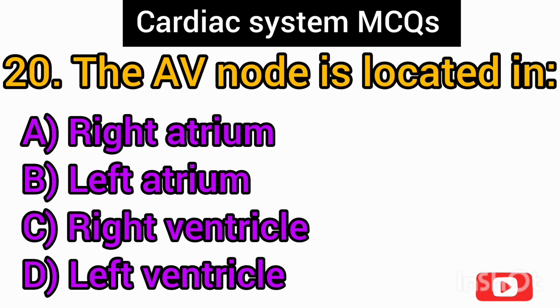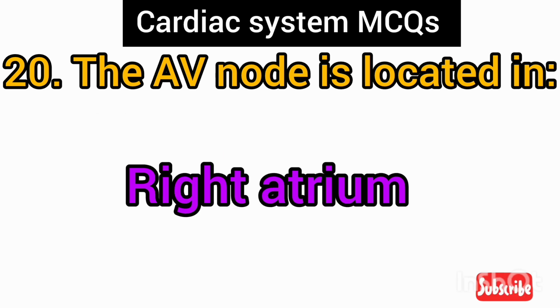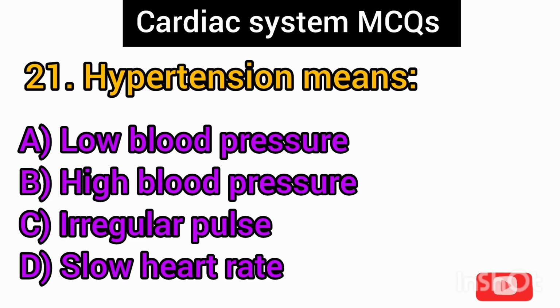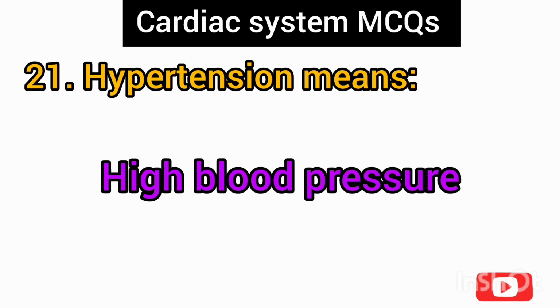The AV node is located in right atrium. Hypertension means high blood pressure.